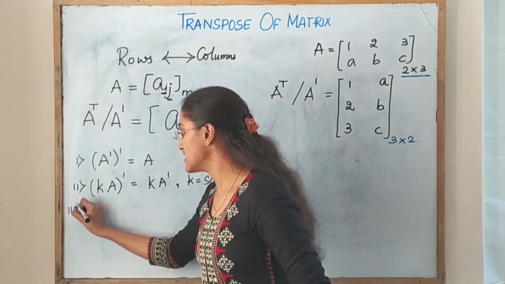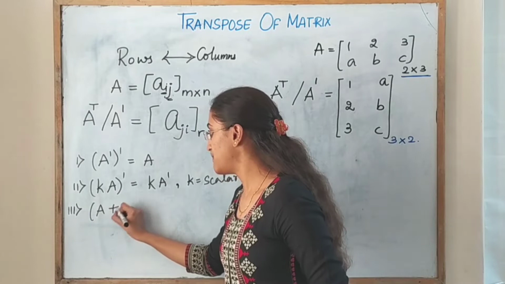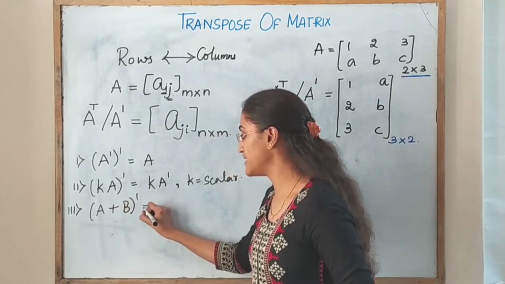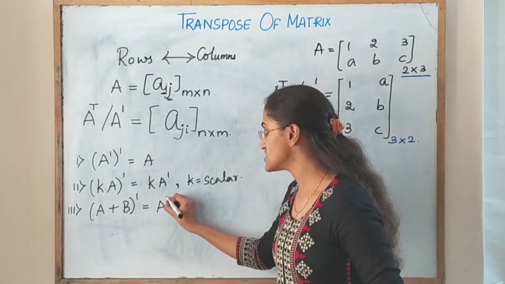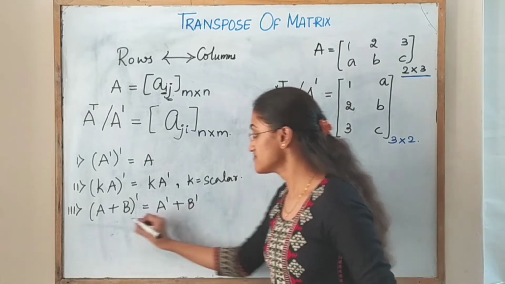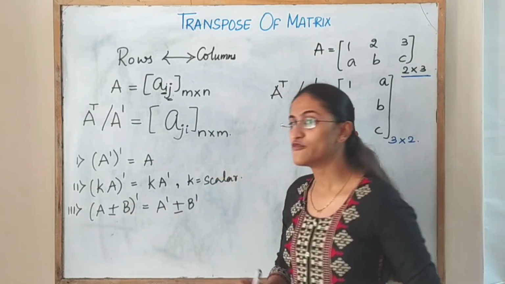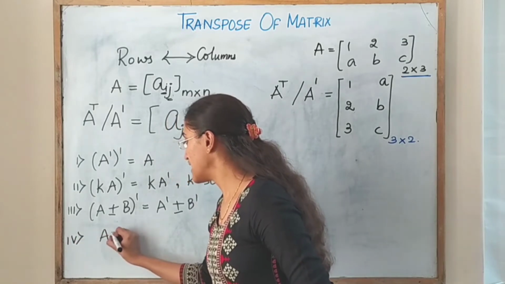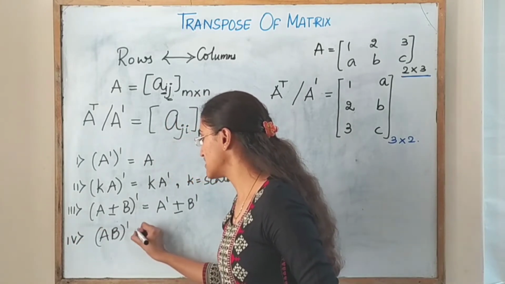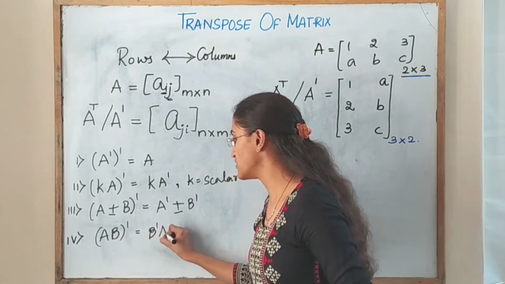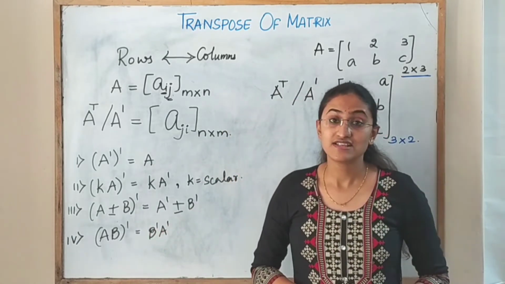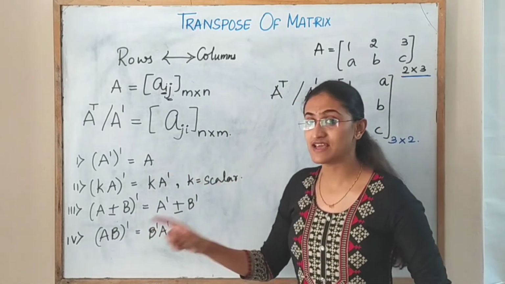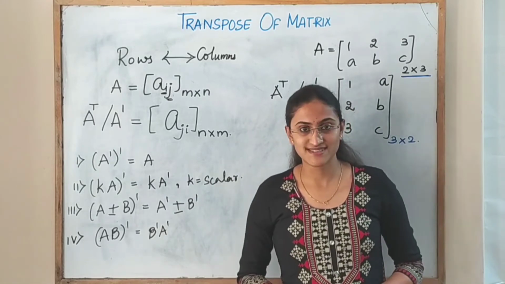The third one, A plus B whole dash will be equal to A dash plus B dash. You can also apply this for the difference. The fourth one, AB whole dash, gives us B dash into A dash.